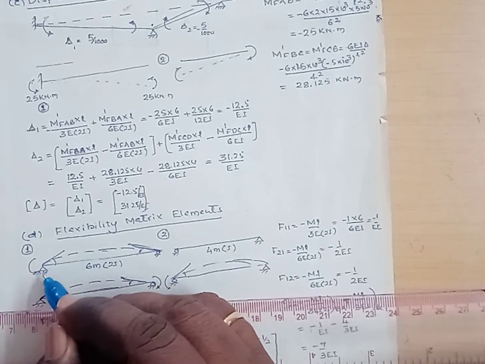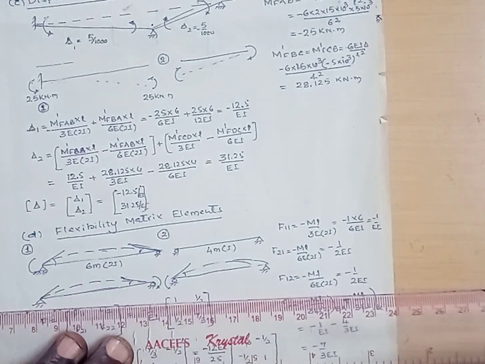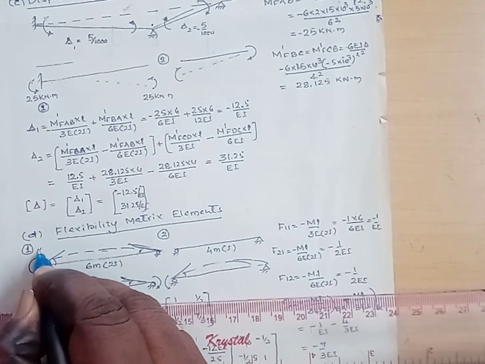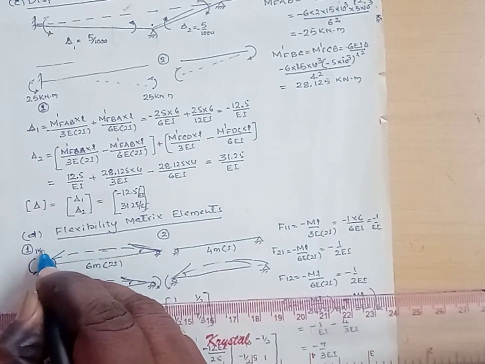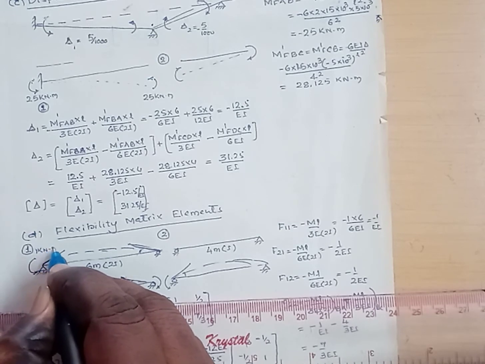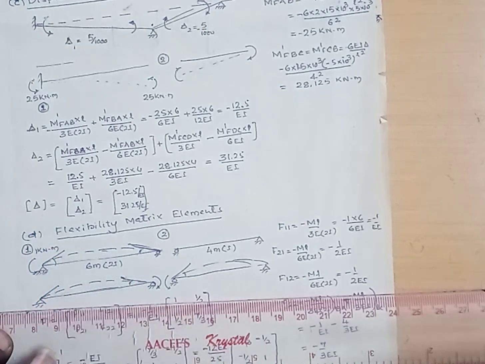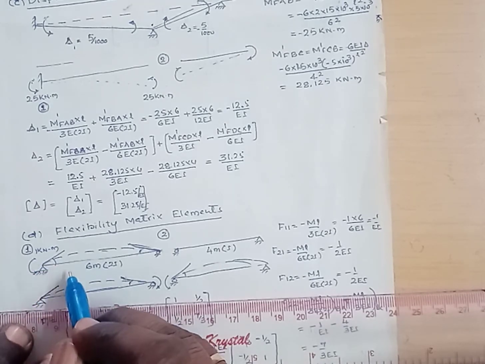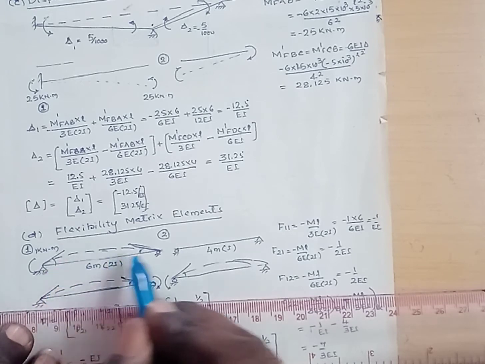Here we have to assume the direction of the moment at A as hogging moment. Hence we can apply a unit moment at coordinate 1, that is 1 kilonewton meter as hogging moment. Due to the application of this hogging moment of 1 kilonewton meter, it will undergo deformation.